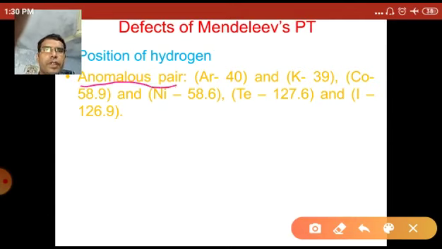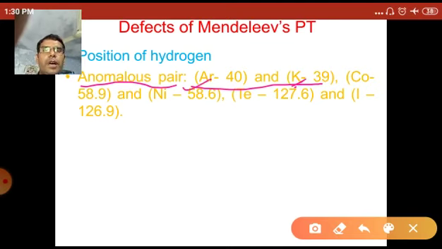Mendeleev arranged some elements in the wrong order of atomic mass. For example, they arranged the elements argon and potassium.